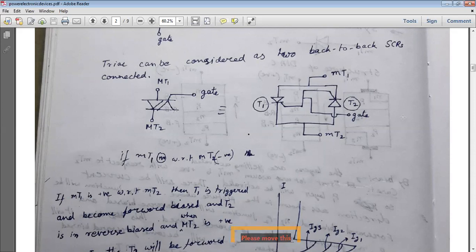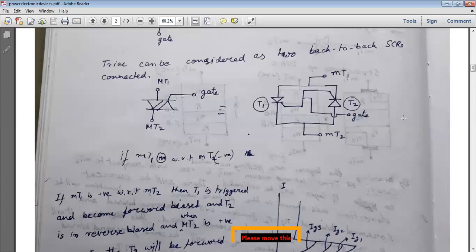But when MT2 is positive with respect to MT1, T2 becomes forward biased. In both cases, it will show the SCR characteristics provided that the gate control is there.